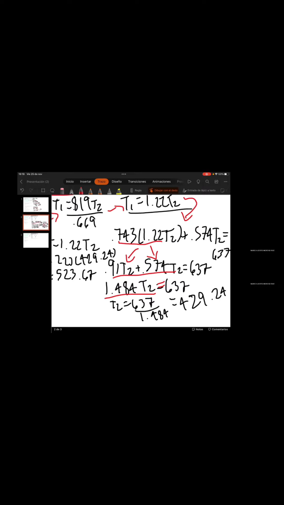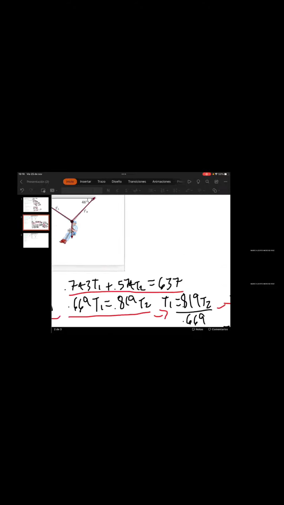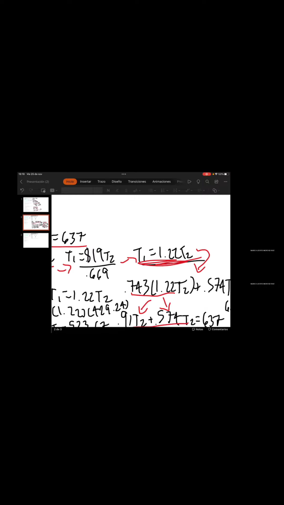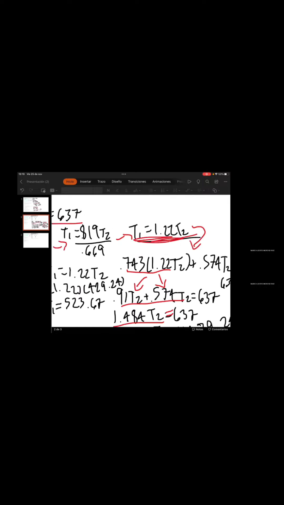Now we simply do the division of 637 over 1.484, and we will get 429.24 as a result. And this is the tension of the left cable. And now we're going to use this equation that we got right here to find T1, that will be the right tension, because we already know what T2 is.